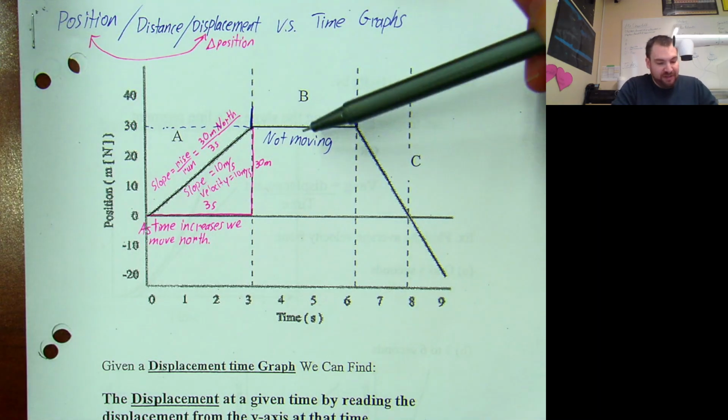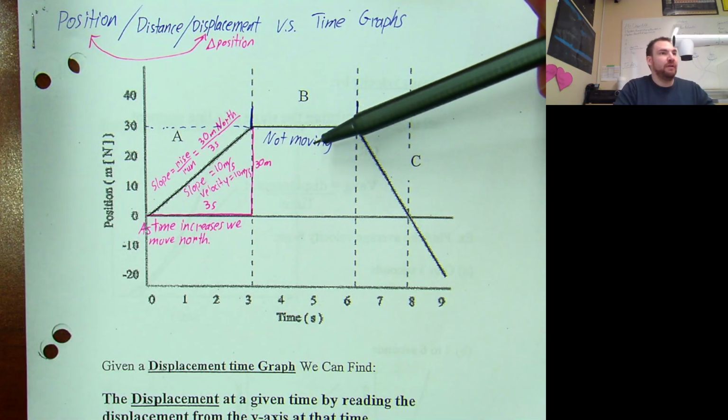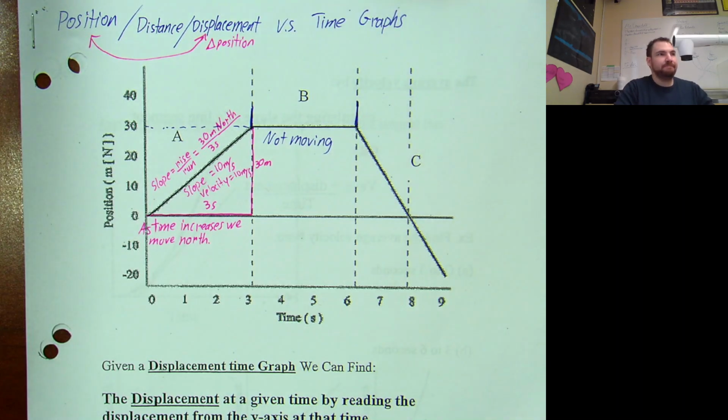What's another way to talk about not moving here? Connor? The line is flat. Okay. A line that is flat has what kind of property? Talk to me about slope.